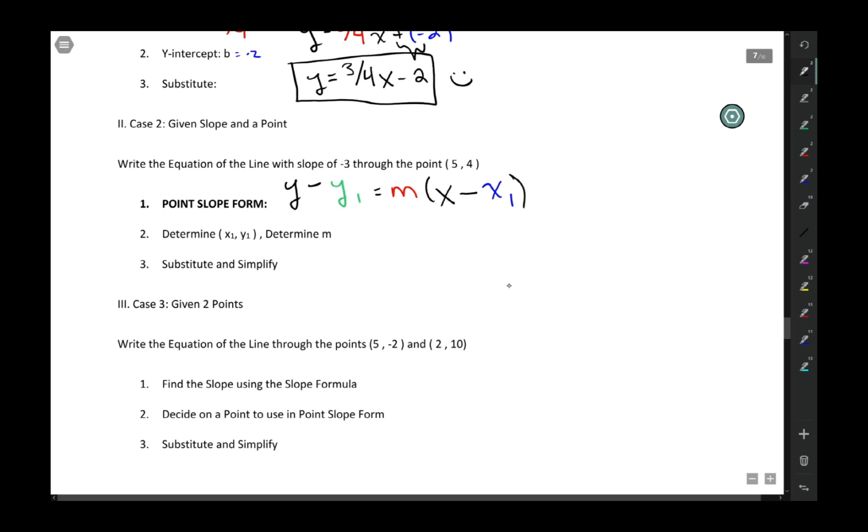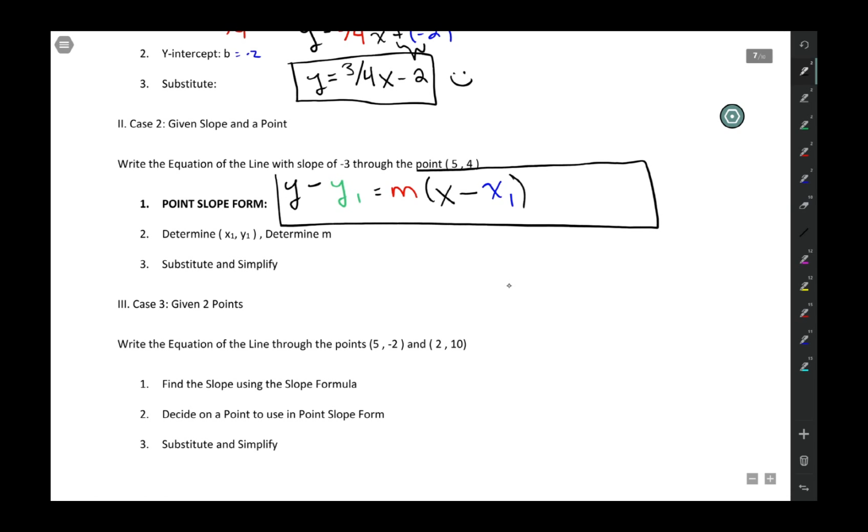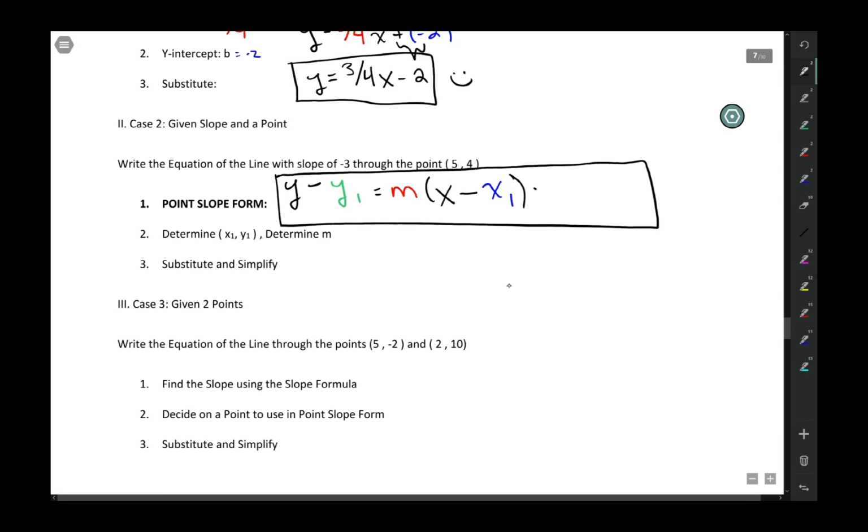You need this here, and you'll also be given a point, and this is where the x's and y's come from, x sub 1 and y sub 1. So this is actually the coordinate point, which is right here. All right, so determine x sub 1 and y sub 1.